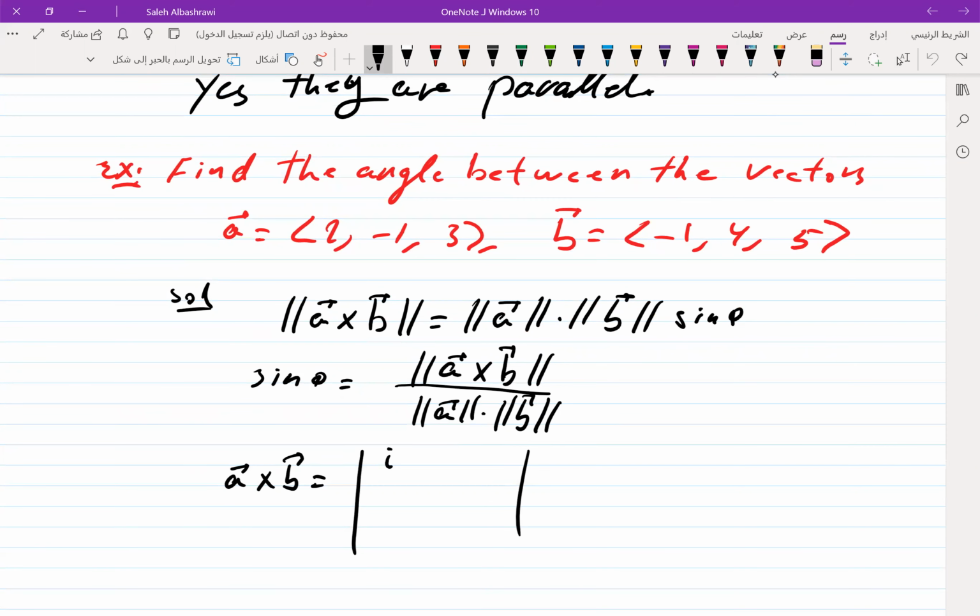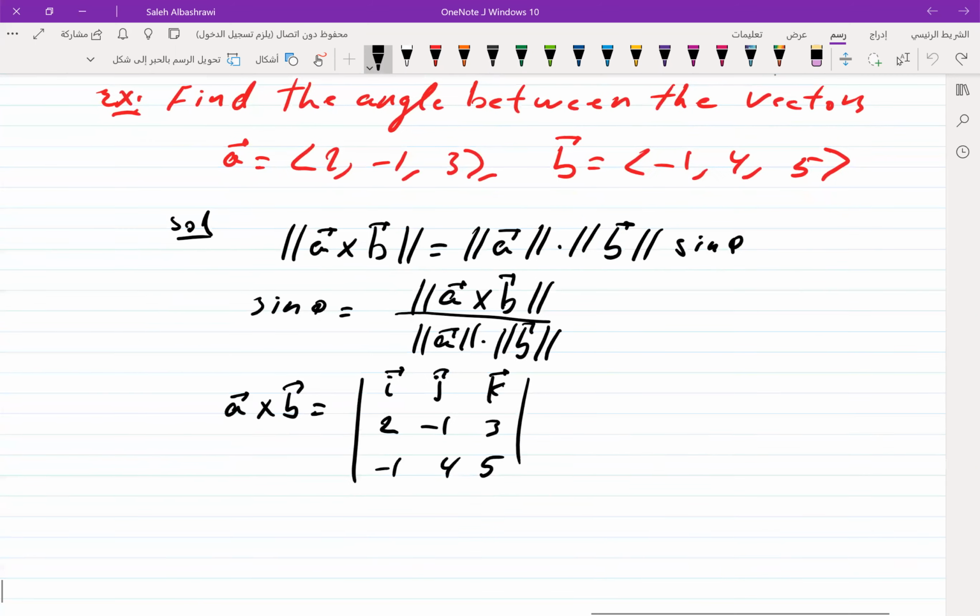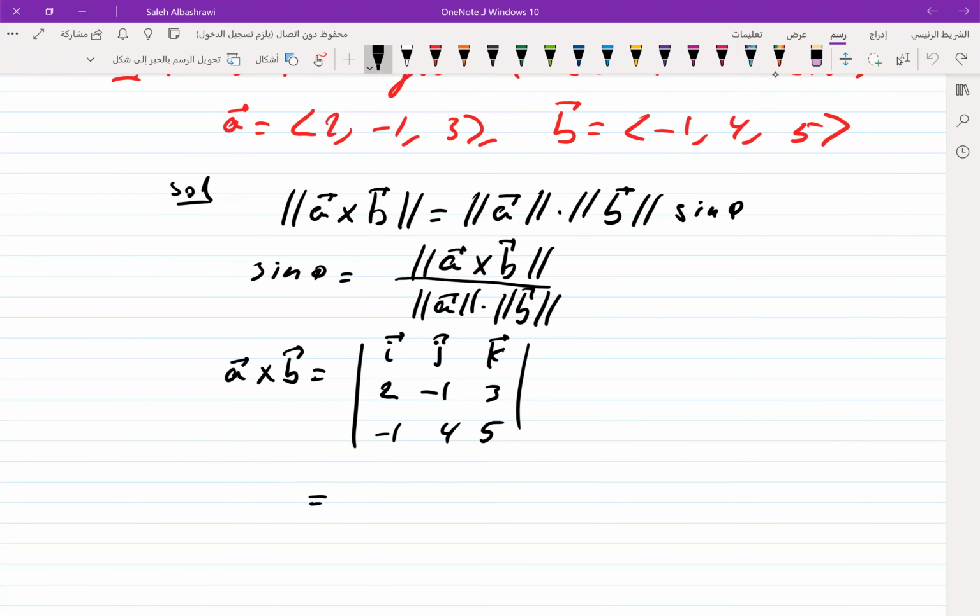I have I, J, and K. 2, -1, and 3, and we have -1, 4, and 5. This will give me, cross the first one, I have -5, -12 is -17. Next, cross the second one.